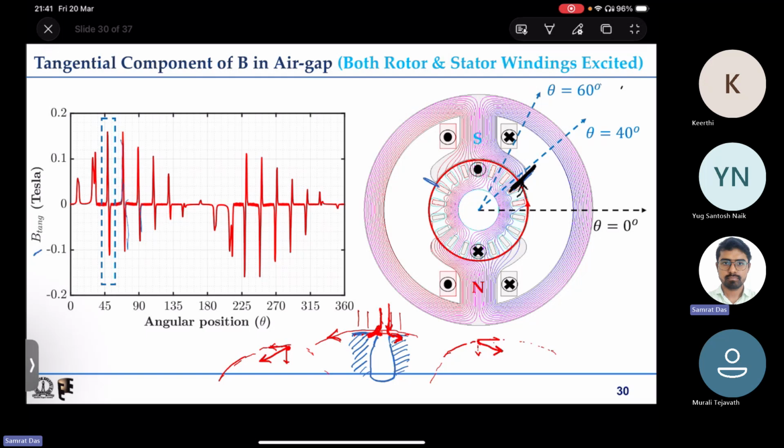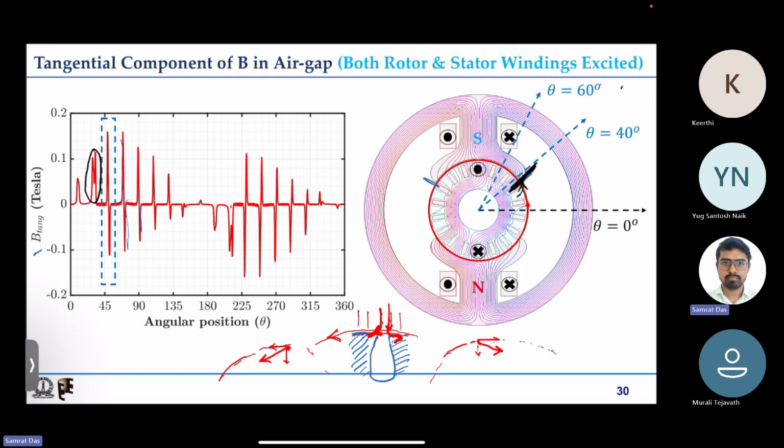So for this side, if you take the tangential component of flux density, it is only in the anti-clockwise direction. That is why for this portion, right at the black line that I have indicated, just in the vicinity of the stator pole shoe edge, you can see that the sign is only positive. There is no negative component here.